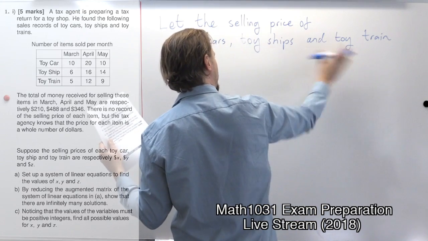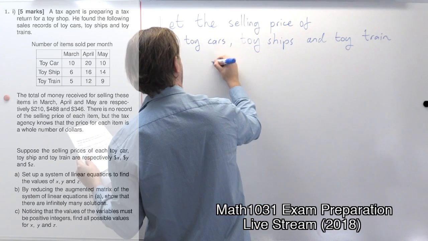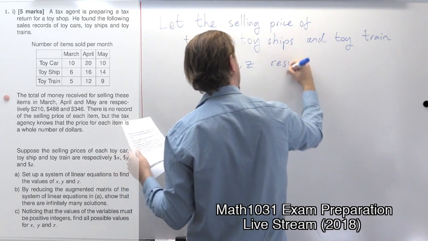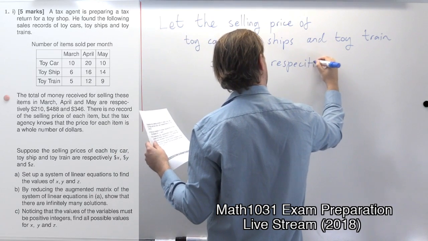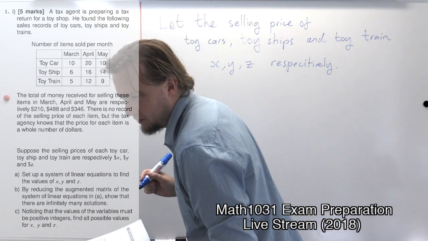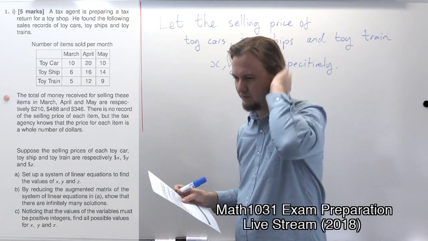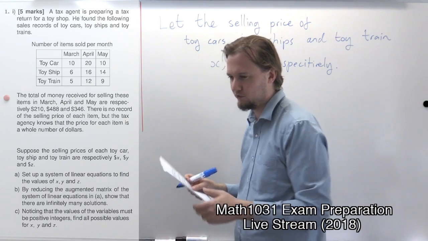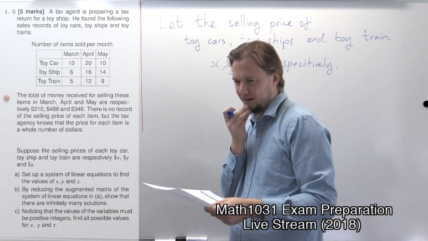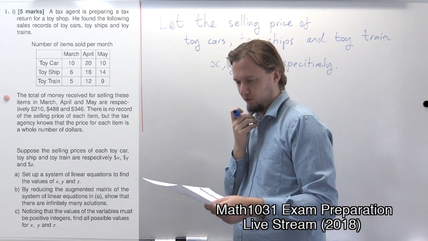The notation we're using: each of these has a price, and we're going to call these prices X, Y, and Z respectively. The table and the text actually tell us the following totals. We know how many items were sold per month, and we know what the total for each of those months was.